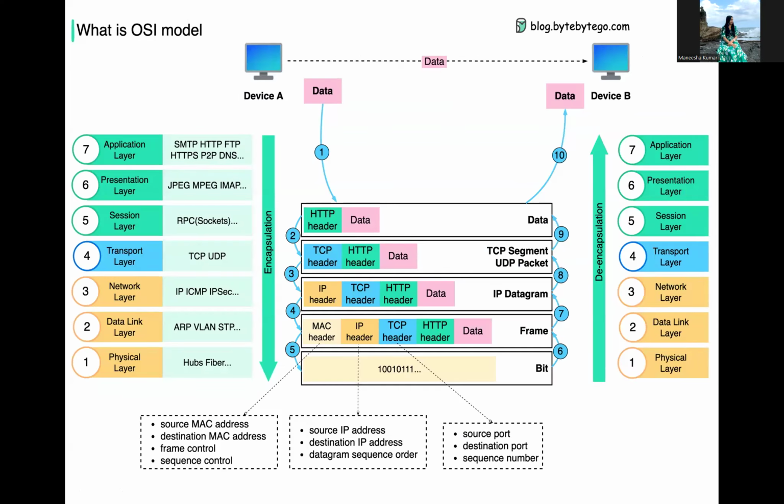If you want to understand the flow, then this diagram will really help. I took this diagram from blog.bytego.com. Here is the sender and here is the receiver, and the sender sends the data to device B. All this process happens while transmitting the data. User A will write something or use the application layer to send data like SMTP, HTTP, or FTP.